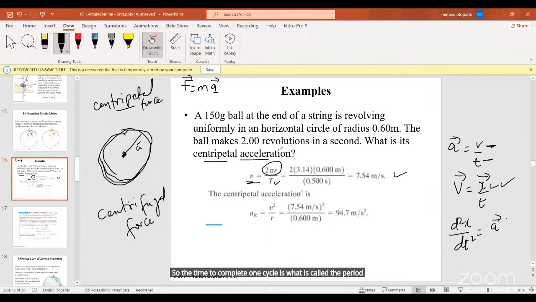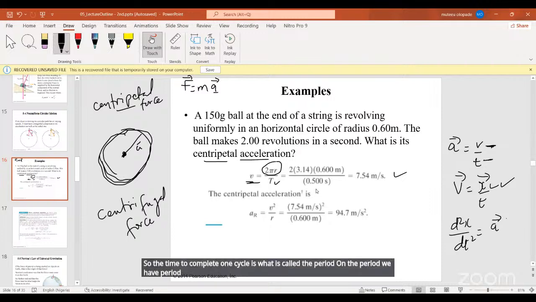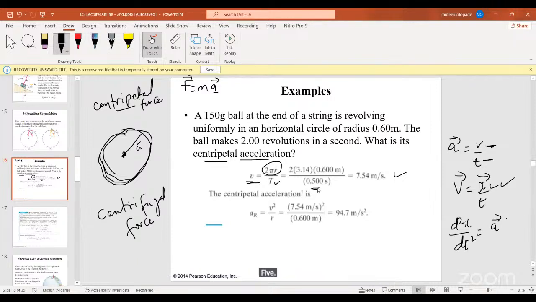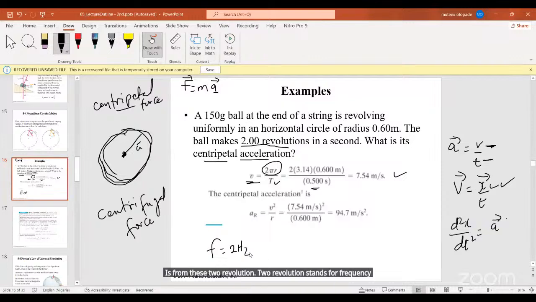And the period we have here is 0.5. How did we get 0.5? It's from these 2 revolutions. 2 revolutions stands for frequency, that means we have 2 hertz.